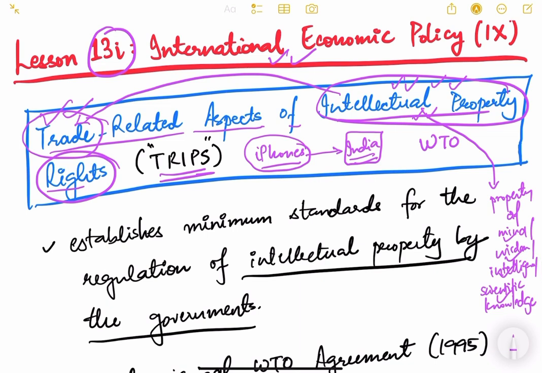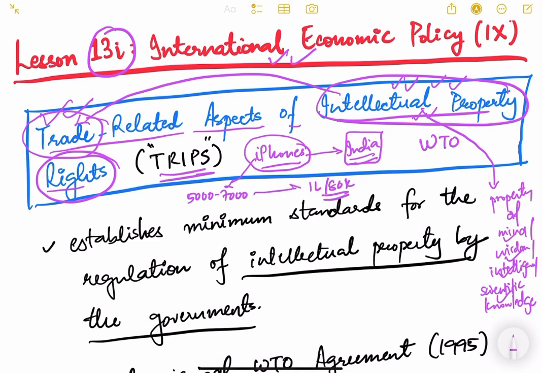And in modern times, intellectual property holds a very important position, because in the total cost of manufacturing, if you look at only the physical components of an iPhone, maybe the cost is around 5,000 to 7,000 rupees. But the actual selling price of an iPhone is 1 lakh rupees, 80,000 rupees, like that.